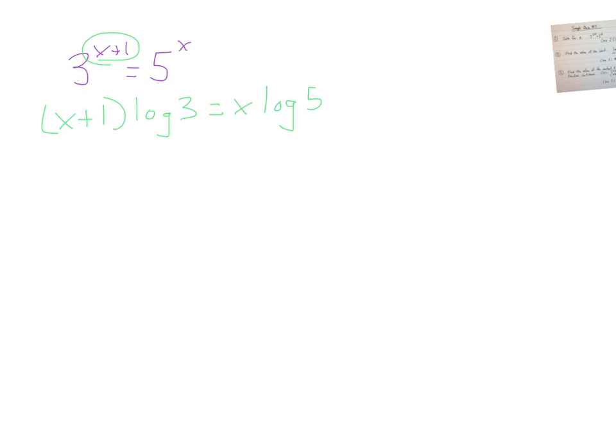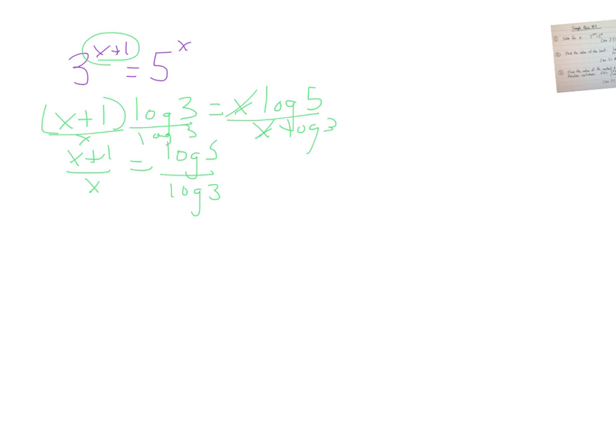So this one's kind of an interesting question, because if we rearrange using our algebra, then I end up here with log 5 over log 3 equal to x plus 1 over x. So all I did is I divided both sides by x and by log 3.